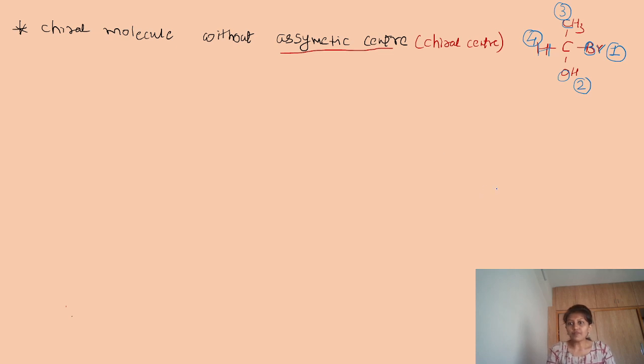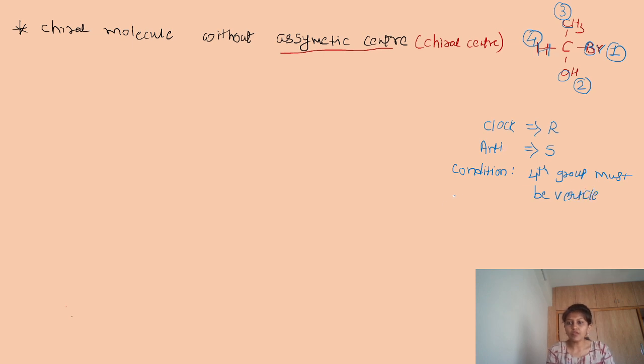Okay, after that we have to rotate 1 to 2 to 3, and if it is clockwise, then we can say the configuration is R. Ignoring 4, if the arrangement is anti-clockwise we can say S. But the condition is that the fourth group must be vertical, right?